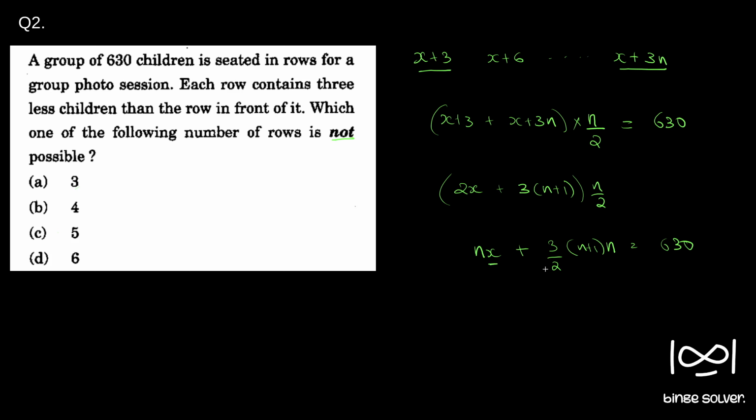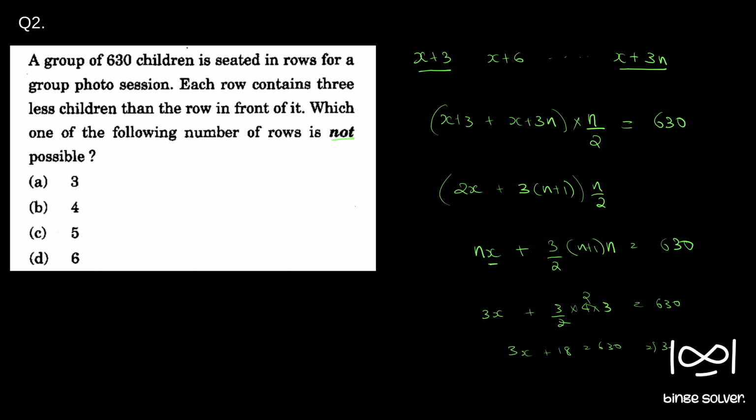For 3, if you put 3, I will just show an example. 3x plus 3 by 2 into 4 into 3 is equal to 630. So 2, 2, 9, 2, 18. 3x plus 18 is equal to 630.